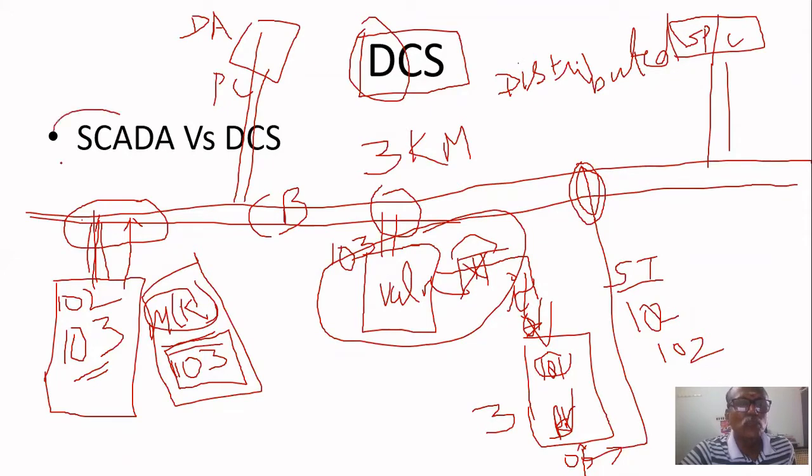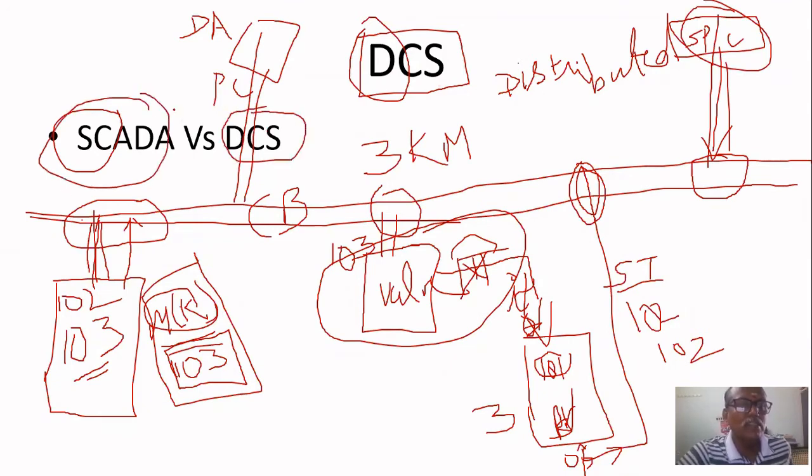So the supervisory work also can be done by connecting a computing device to this communication bus. So the DCS is a superset of SCADA. SCADA is not superior. DCS is superior. DCS is a superset of SCADA, an all digital control system. So that's why it is called a distributed control system.